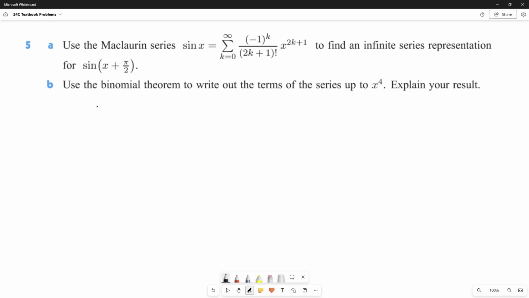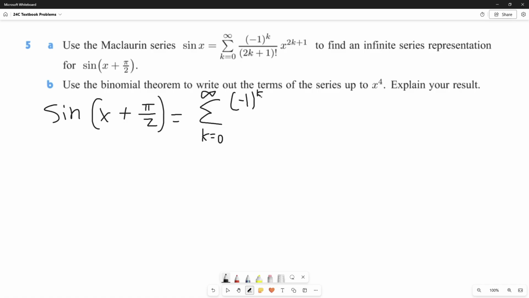So sine of x plus pi over 2 is equal to the sum from k equals 0 to infinity of minus 1 to the k over 2k plus 1 factorial times x plus pi over 2 to the power of 2k plus 1. Yeah, so that's part A.